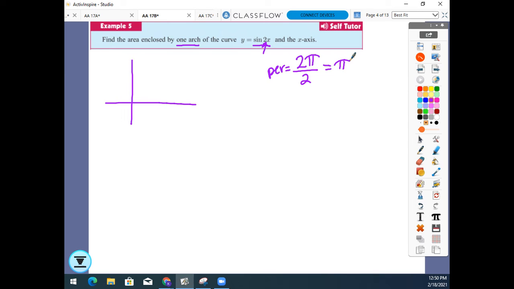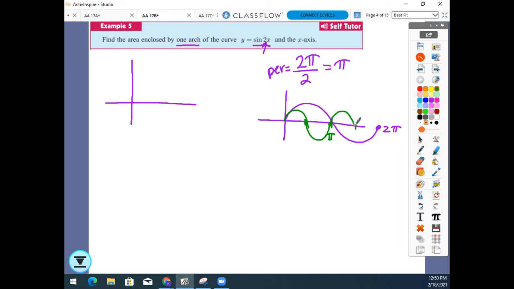What that means is the period, where normally the sine curve takes 2 pi to complete that first cycle, what this is telling me is it completes that first cycle by pi.